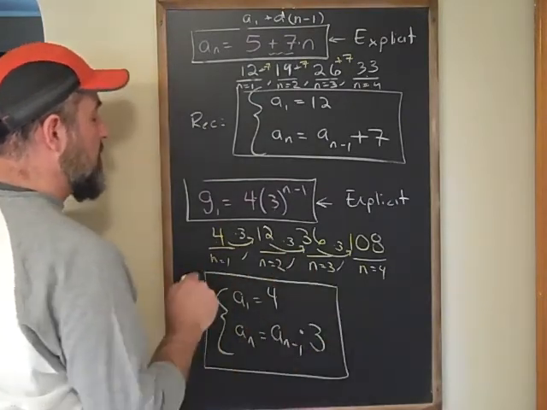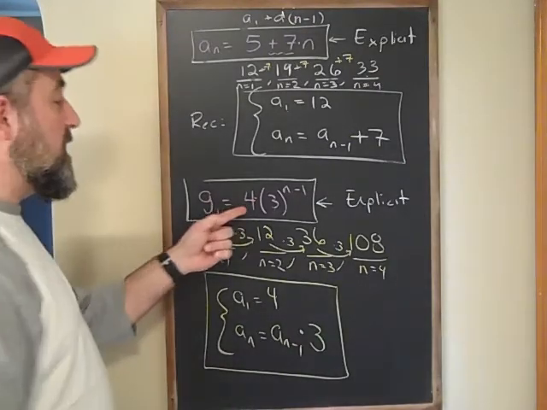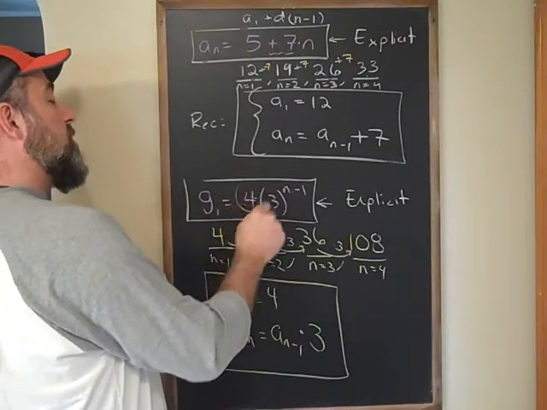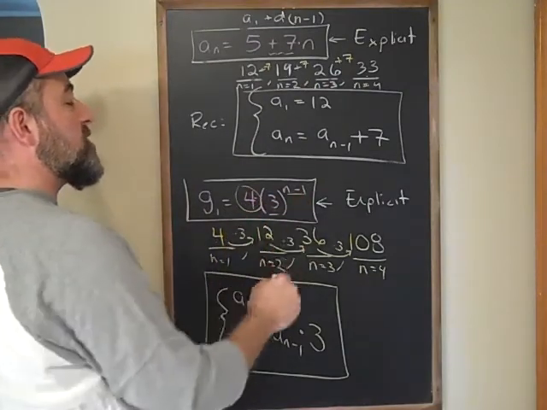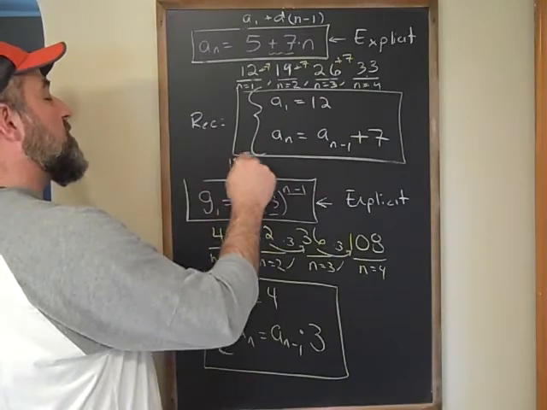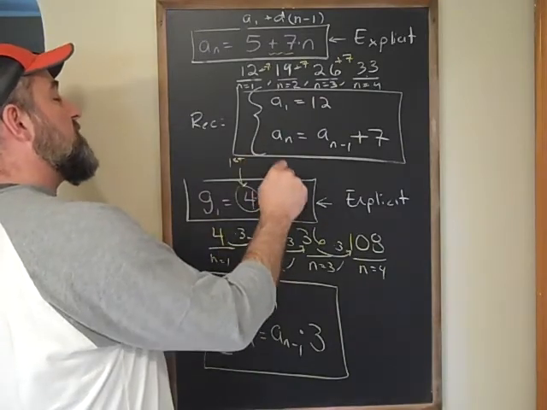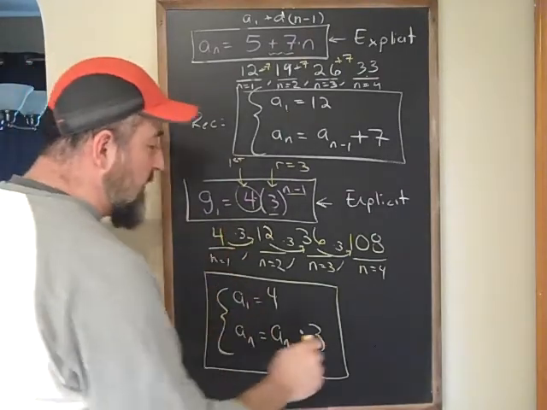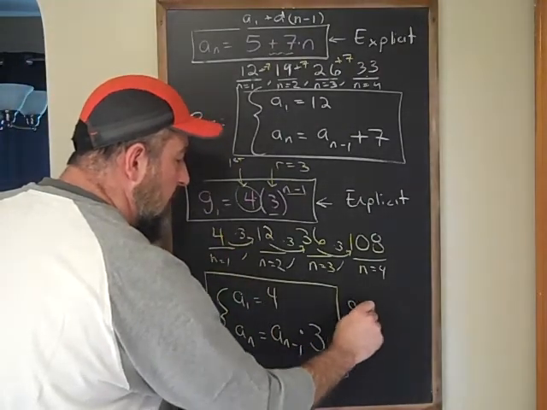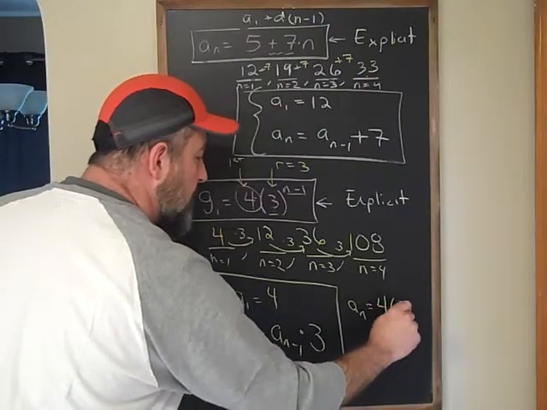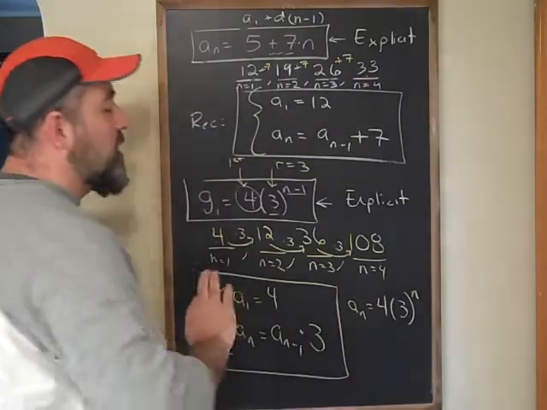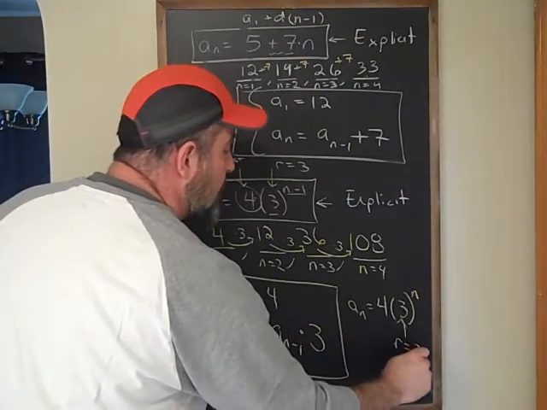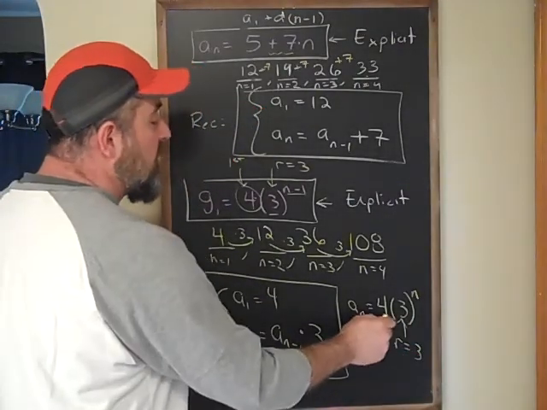There it is. Now, if you see one in this setup where you have to the n minus 1 and you have a number out front with a base to the n minus 1, this is going to be your first term, and this is going to be your constant ratio, that value right there. If we change it to look like something like a sub n is 4 times 3 to the n, it is going to still have a constant ratio of 3, but the first term is not going to be 4.